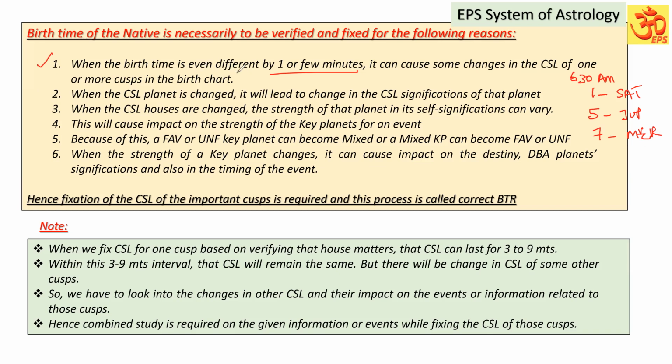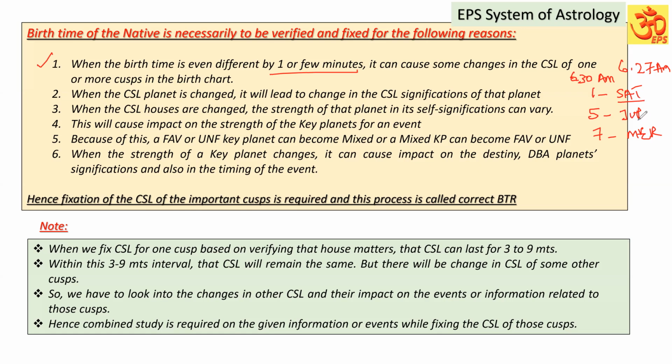When the birth time is different by 1 or 2 minutes, suppose instead of 6:30, the birth time is 6:27 a.m. Now that Lagna sublord Saturn, just by 3 minutes, may or may not change, because this is going to last for more minutes.